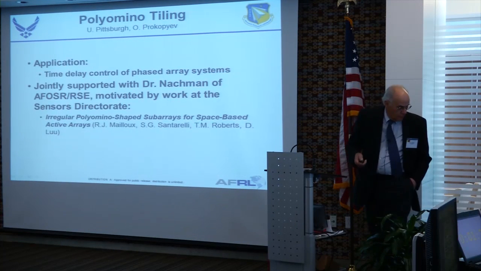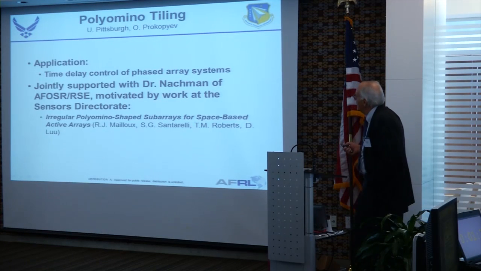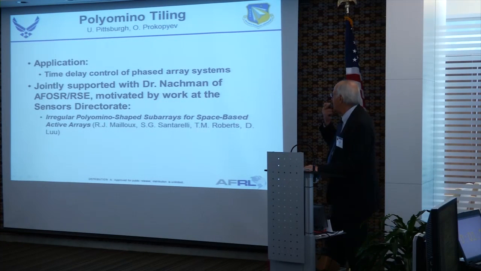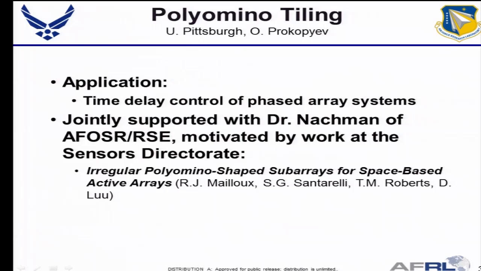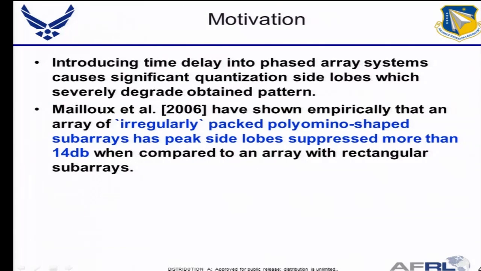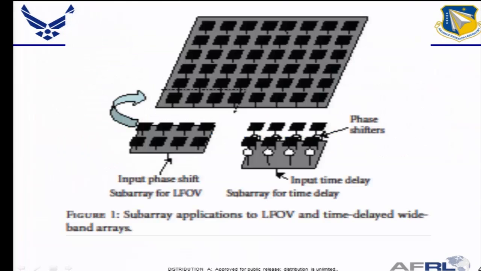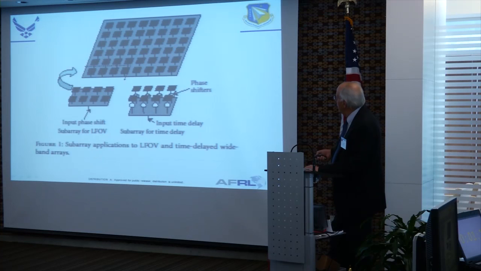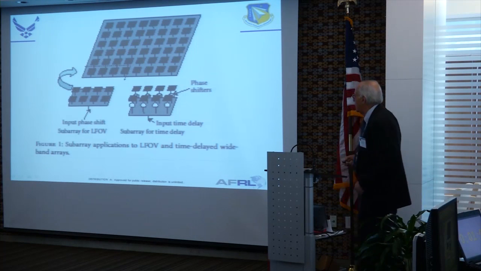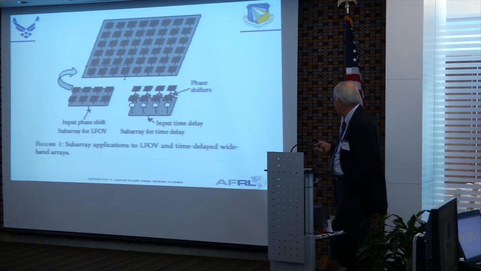And finally, oh, only 1 minute. Okay, sorry. Polynomial tiling is something that is being worked on. This problem came to me from R.J. Notchman, which has to do with the design of phased array systems. It was discovered at the census directorate that irregularly packing, in other words, the idea is that the phase shifters on a large phased array antenna, if you put 1 per element, they're too many, it's too expensive, so you can group them.